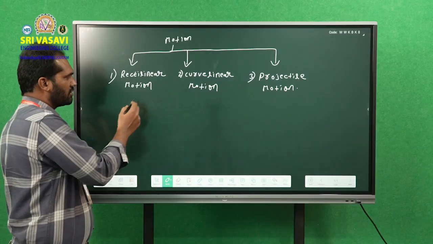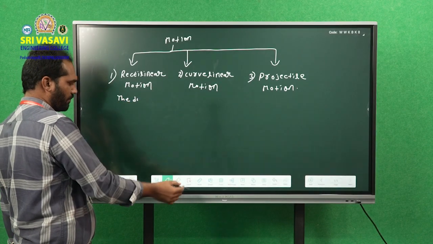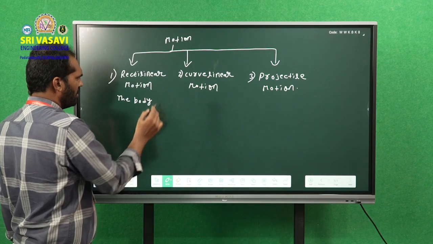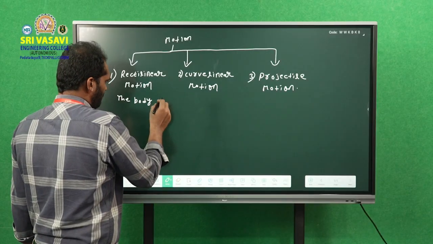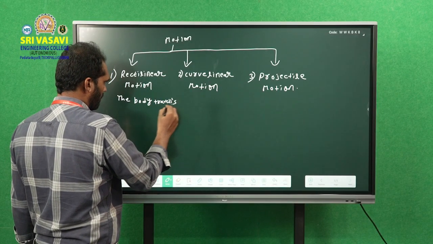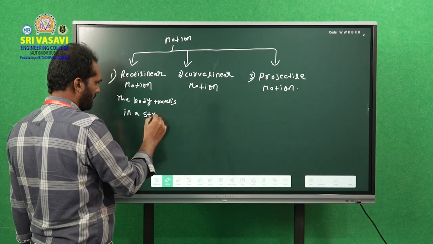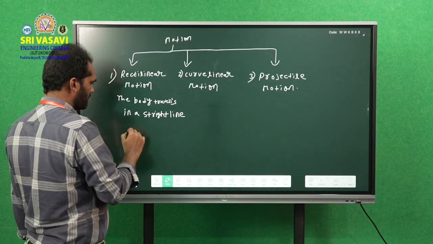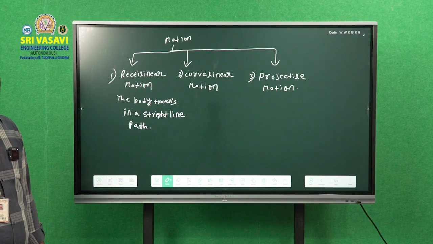Rectilinear means the body travels in a straight line path. That is nothing but rectilinear motion.